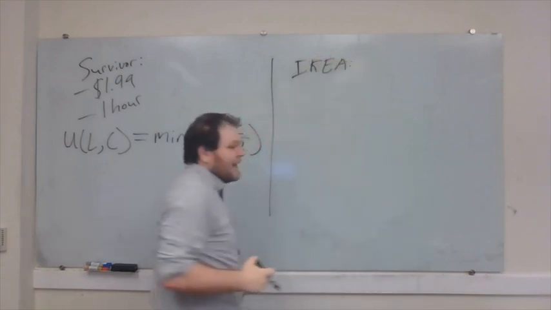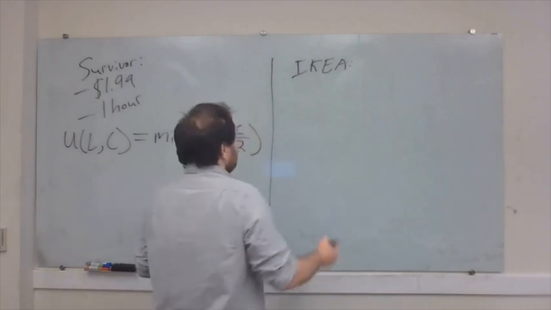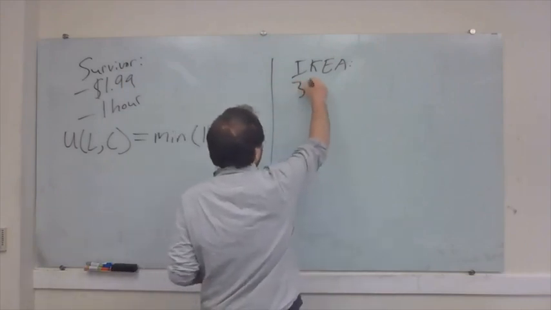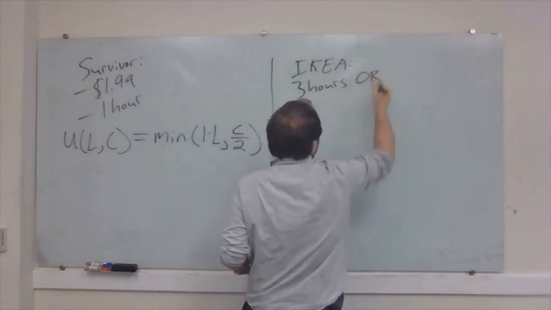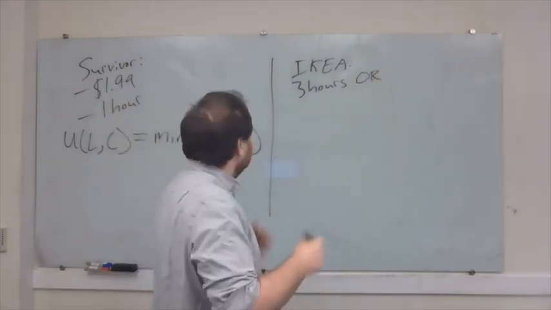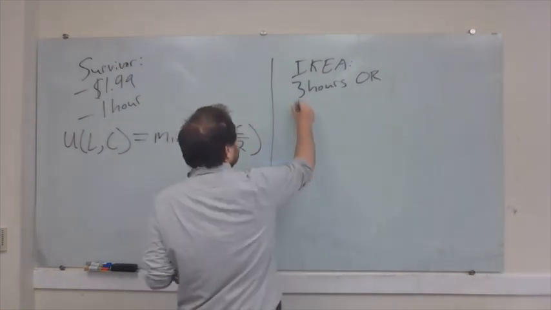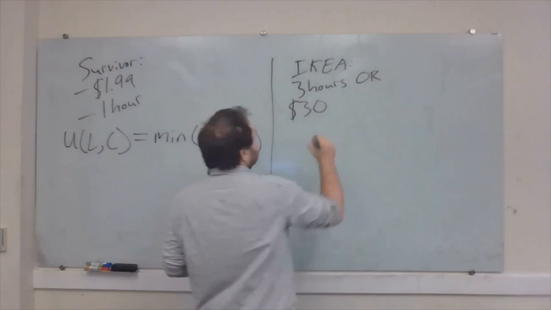We can imagine that each piece of IKEA furniture that you'd assemble would take you 3 hours, or would require you to hire somebody off of TaskRabbit or off the IKEA website for, let's say, $30. Who of course will do it in 20 minutes because they know what they're doing.